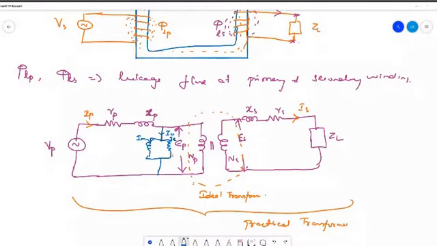So this is responsible for the I square R loss, and this is responsible for the losses that happen in the core, let's say due to the flow of eddy current and all that.